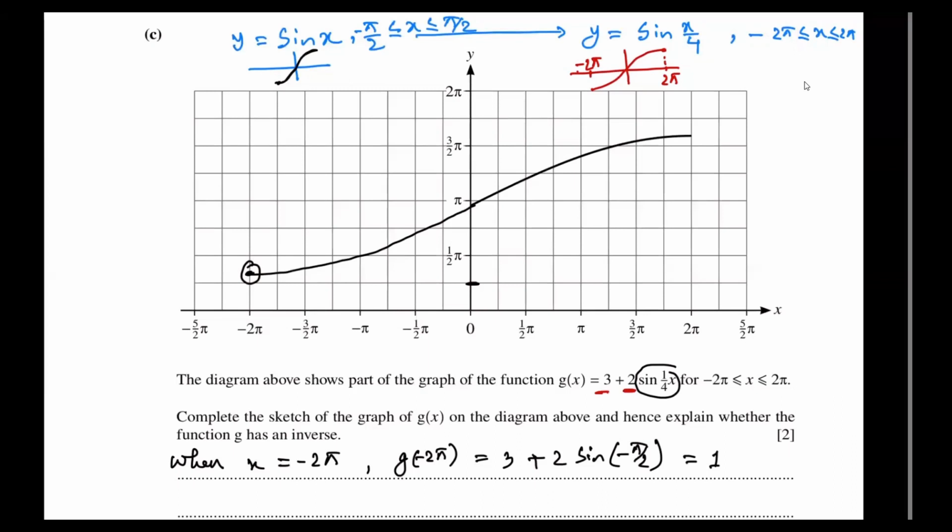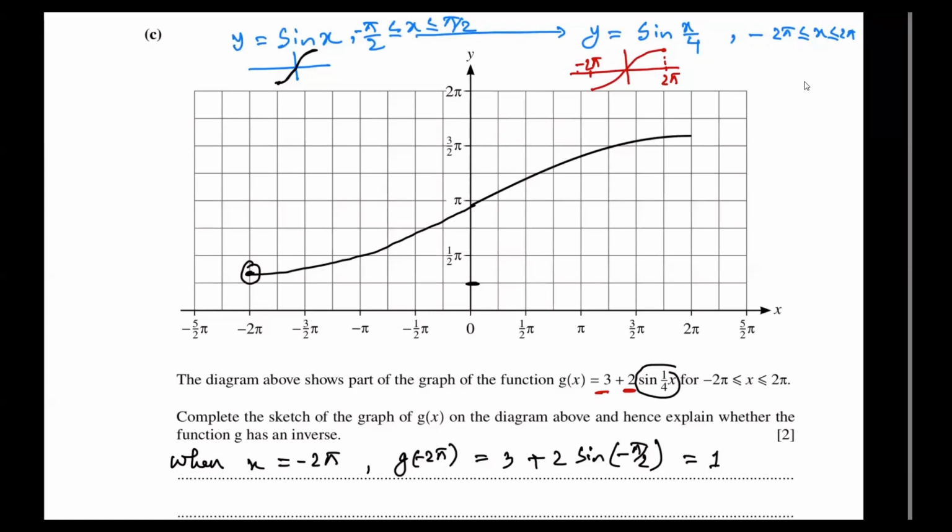So that's why we know this is the minimum point on the curve. Okay. Now we have completed the sketch of the graph of y equals g(x) on the diagram, and you have to explain whether the function g has an inverse. Of course, the function g has an inverse because in this domain, the graph of g(x) is a one-to-one function.